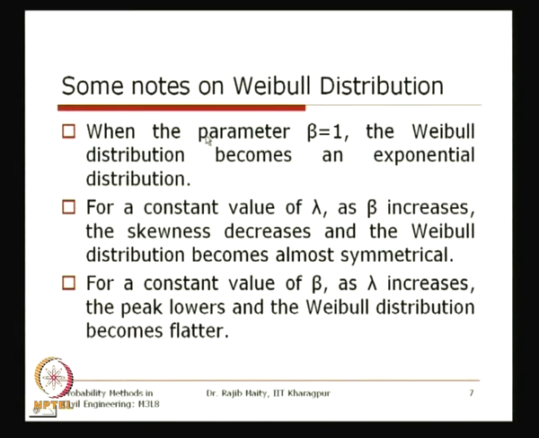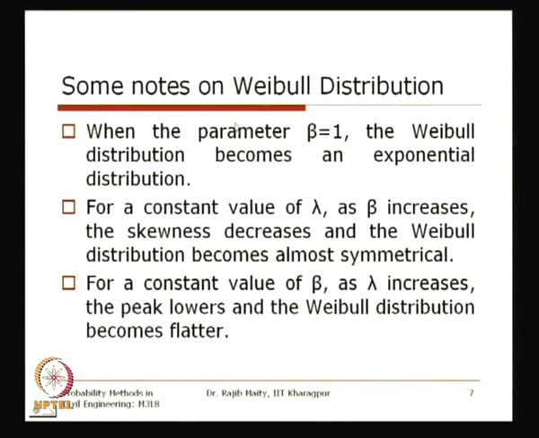Some notes on what we just discussed. The first note is that when the parameter beta equals 1, the Weibull distribution becomes an exponential distribution. Now, if we want to see the effect of the parameters, both lambda and beta, we keep one parameter constant and increase the other, and see what the effect is on the shape of the PDF of the Weibull distribution.